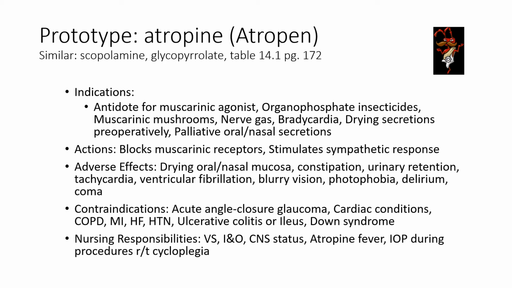Intraocular pressure during procedures related to cycloplegia. So this one, we use atropine type compounds as drops for eye procedures because it dilates the pupil, right? And when you dilate the pupil, you get a very good view within the eye.